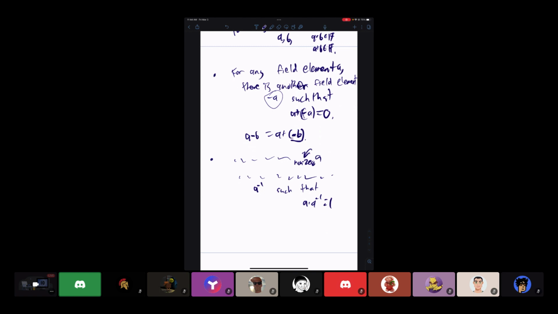So we certainly can't require that, or we wouldn't really have any interesting fields. So this is formalizing the property that you can divide by any non-zero field element.